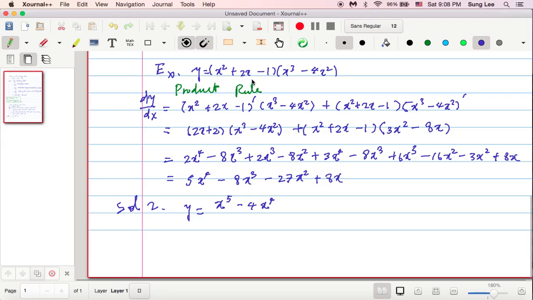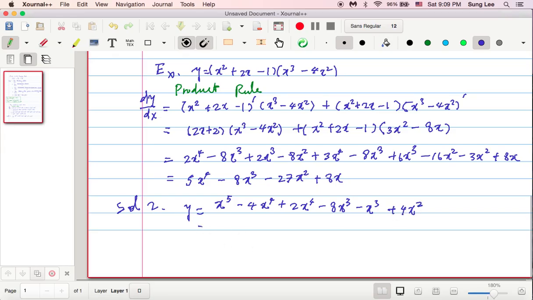And then now 2x times this, that's going to be 2x to the power 4. 2x times this, negative 8x cubed. And negative 1 times this is a negative x cubed. And then I have a plus 4x squared.